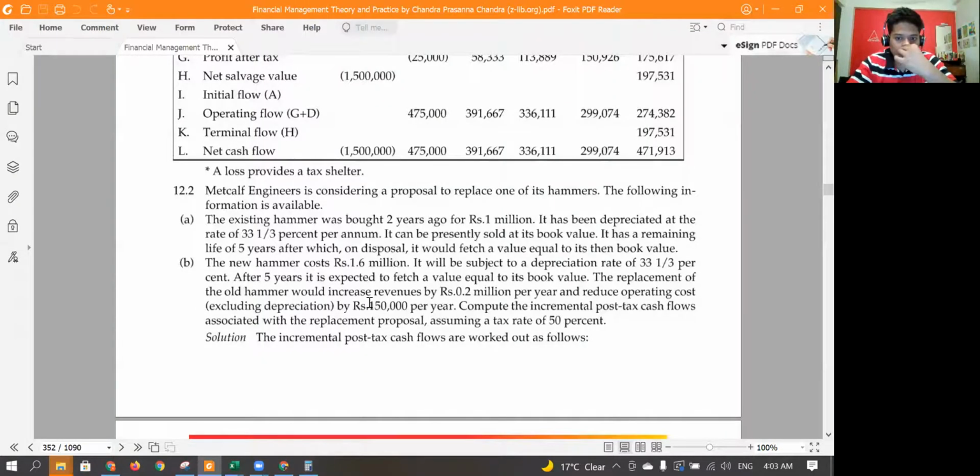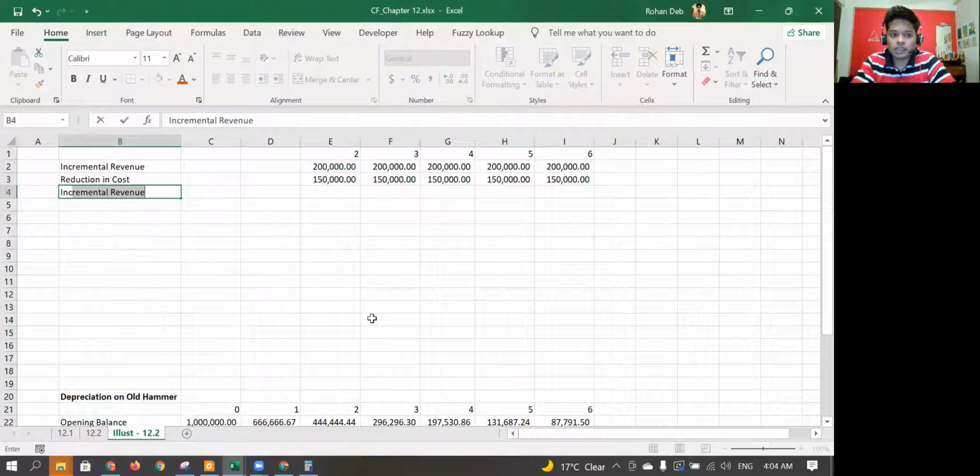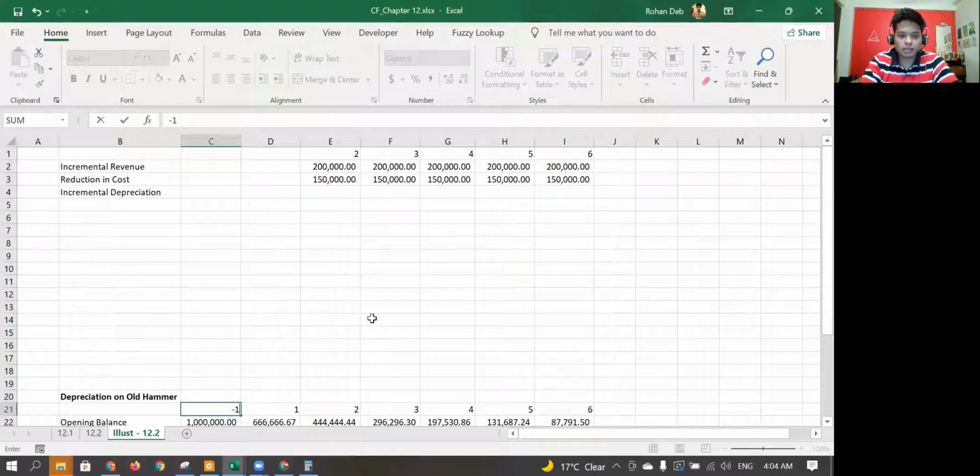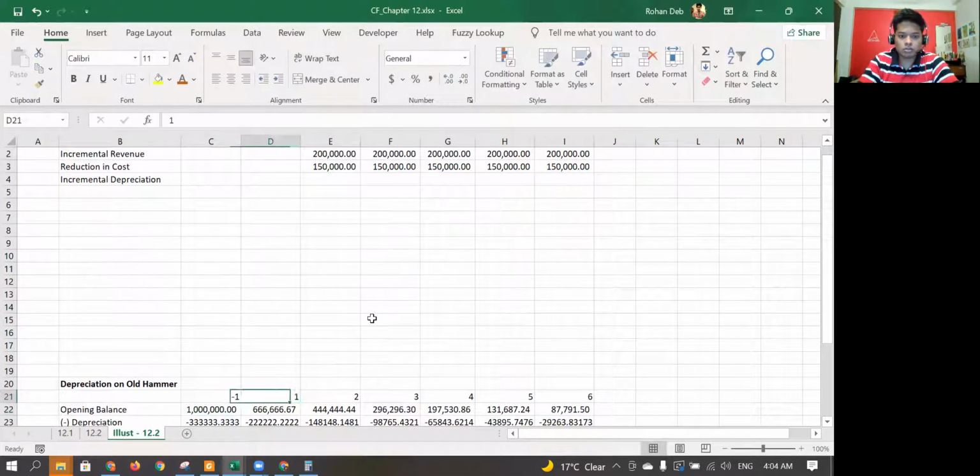Then it says depreciation. Okay. So what would be the incremental depreciation? But because of the new machinery, what I was suggesting earlier was let's put this as minus 1, 0, then 1, 2, 3, 4, 5.